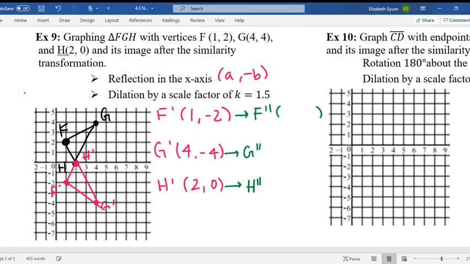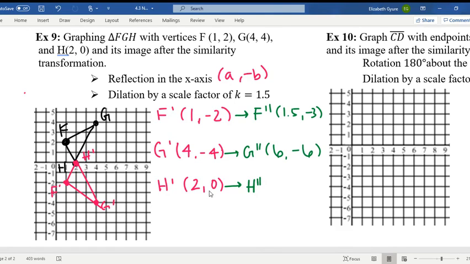For F double prime, we're going to take 1 times 1.5. That's just going to give me 1.5. And then negative 2 times 1.5 is going to give me negative 3. Feel free to plug that into your calculator if you need to. G double prime, you're going to take 4 times 1.5, and that's going to give you 6. Negative 4 times 1.5 will give you negative 6.